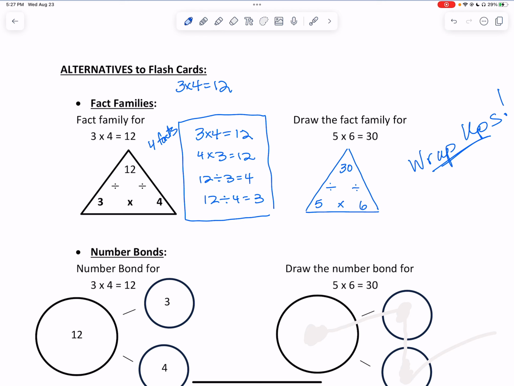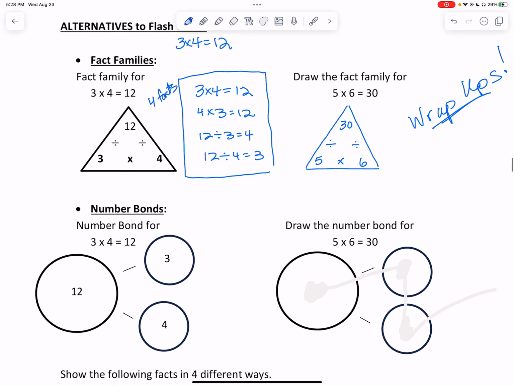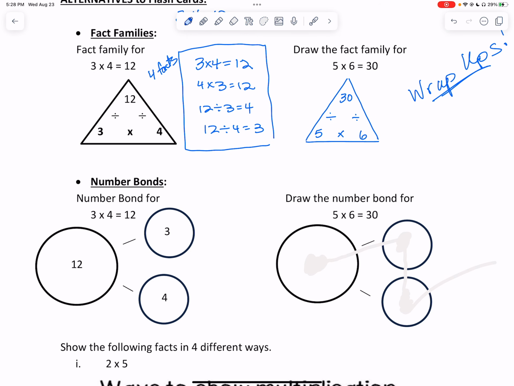So these fact families are also called number bonds. Do you see that these guys, this one and this one, is very similar? I just sort of turned that on its side. So my number bonds show me that 3 times 4 is 12. And then these guys are a division, okay?